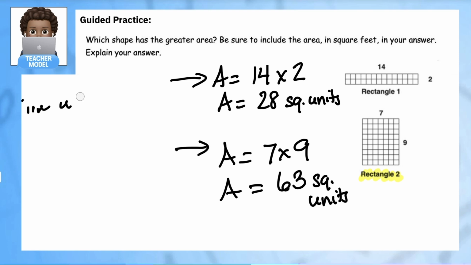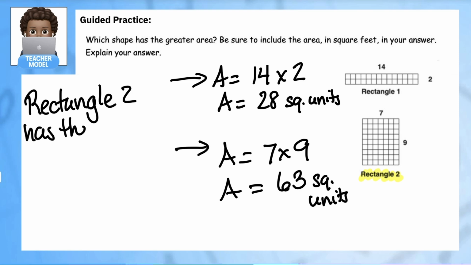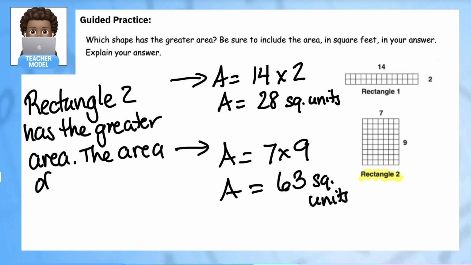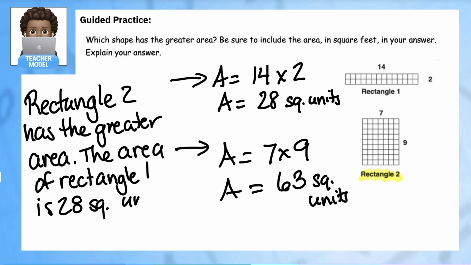Instead of saying rectangle 2 has the greater area, I would write: The area of rectangle 1 is 28 square units.